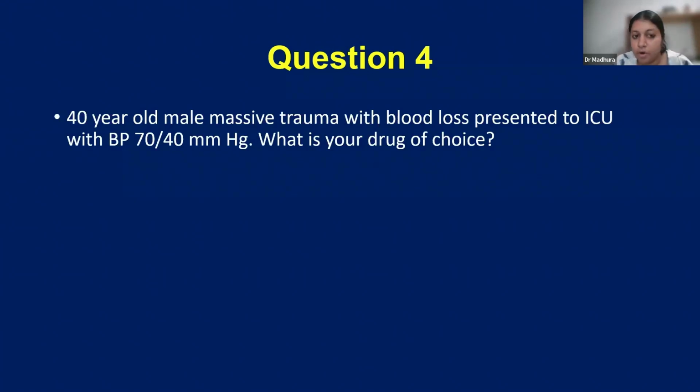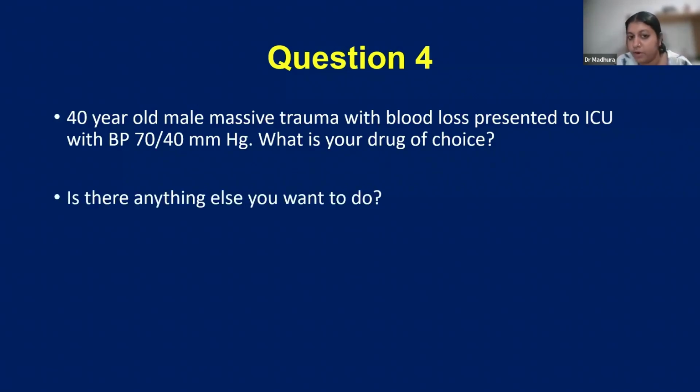See the case again. What kind of shock is this? This is a 40-year-old patient with massive trauma. So trauma means there is blood loss. He has already had a lot of blood loss, and the BP is 70/40. So what kind of shock is this? Is this a cardiogenic shock or neurogenic shock, hemorrhagic shock or a septic shock? What shock is this?